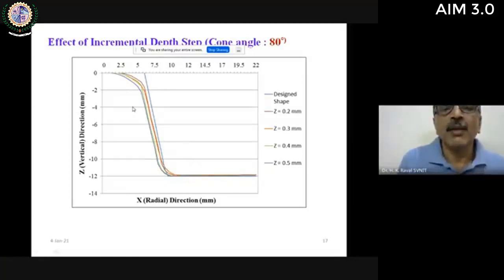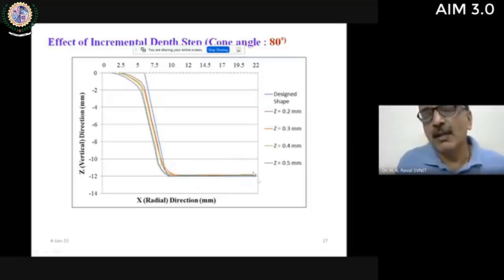But during forming, the cup will be formed like this. So there will be some error here, some deviations in the wall, as well as some deviations here also. At the bottommost position, there is a pillowing effect, just like our pillow. You will find the pillow at the edge has lesser thickness compared to the middle. This is called the pillowing effect, and it adds some error in the SPIF accuracy.